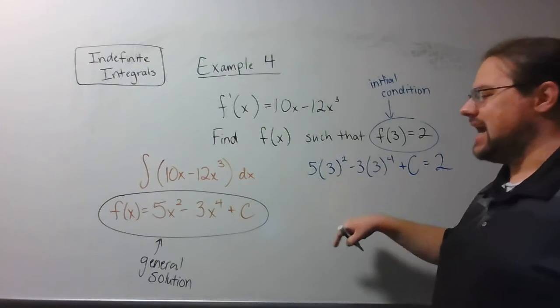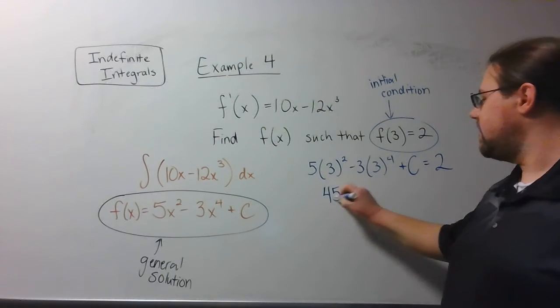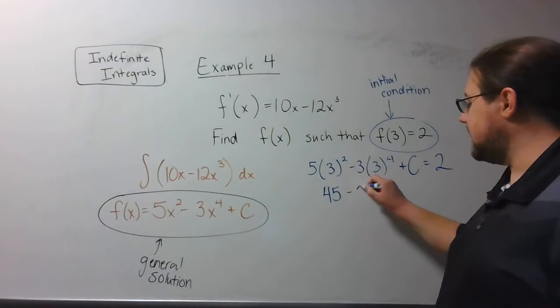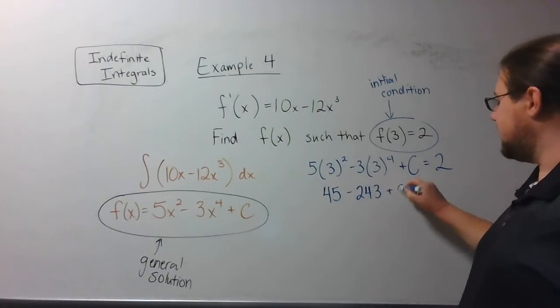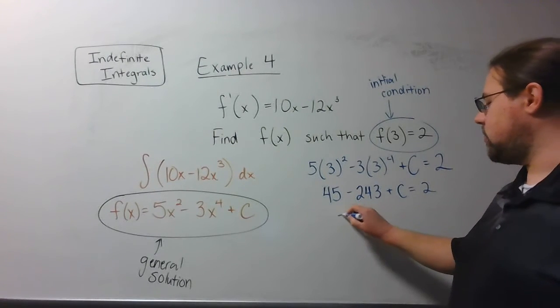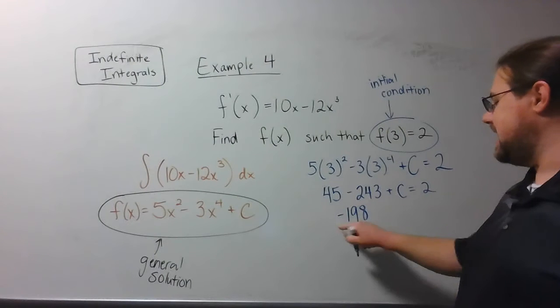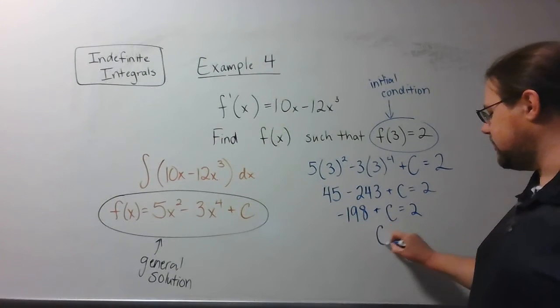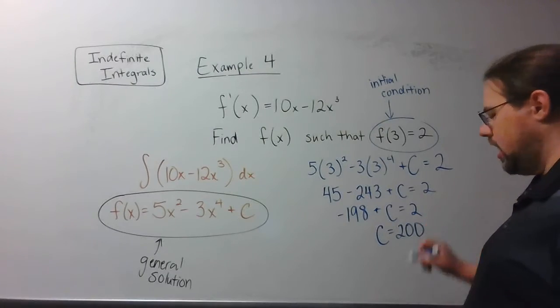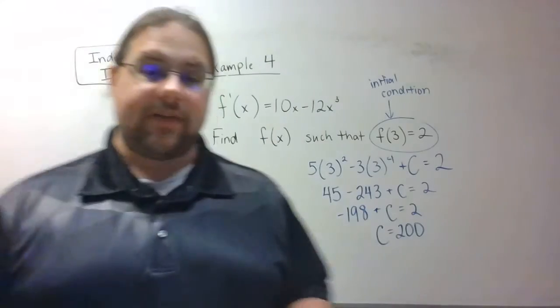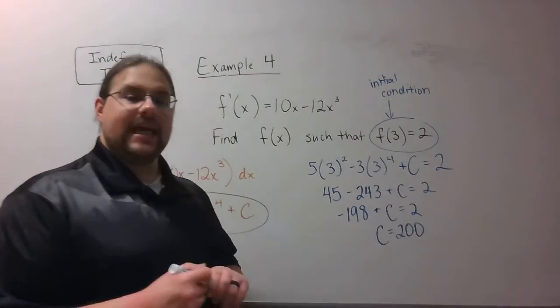So 3 squared is 9 times 5 makes 45. 3 to the 4th is 81 times 3 makes 243, plus c equals 2. 45 minus 243 is negative 198, plus c equals 2. Add the 198 to both sides, and you get c equals 200. Now, that's good information. I now know a specific value for what c is.